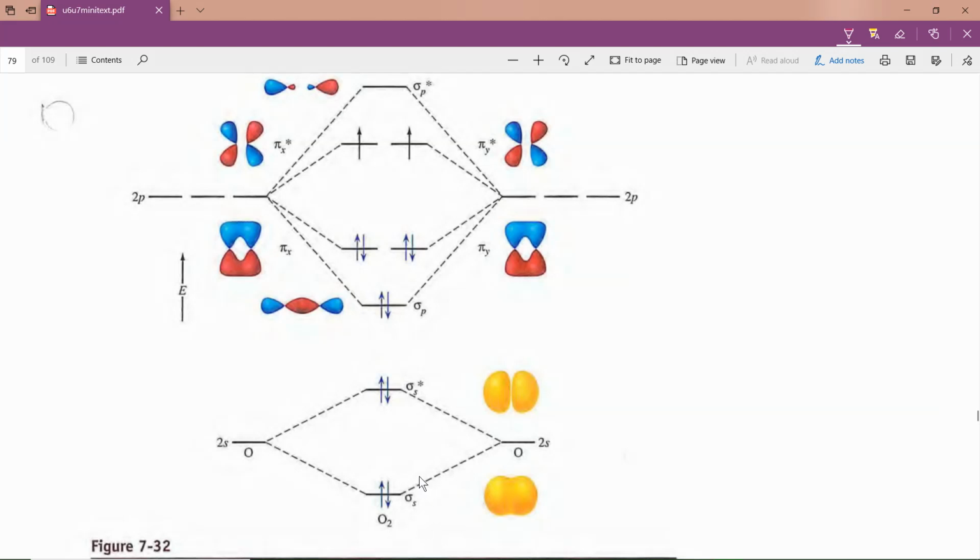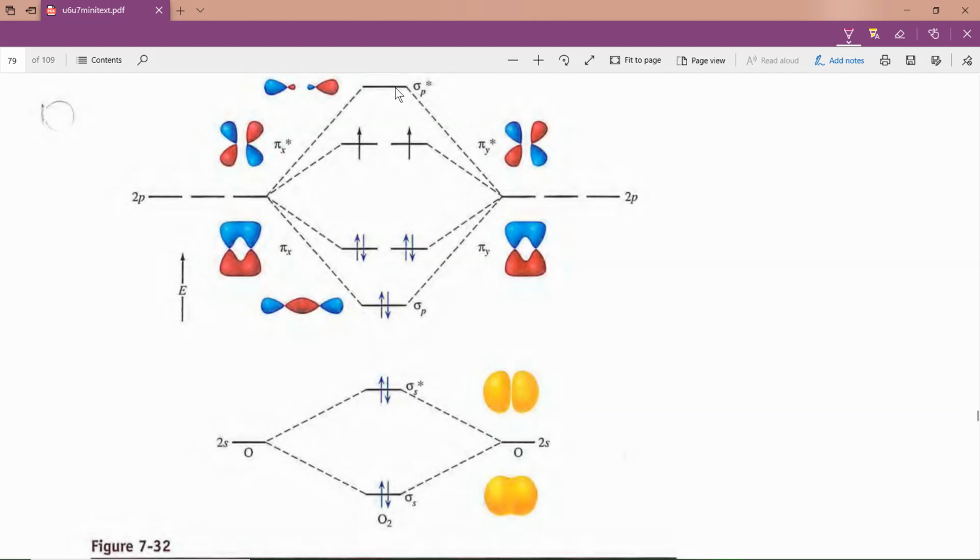So if I'm looking at oxygen, there are 12 valence electrons: 2, 4, 6, 8, 10, 12. So what you do is you fill up the sigma s with 2, the sigma s star with 2, so that's 4, the sigma p with 2, so that's 6, and then you fill up the pi x and the pi y, so that's 8, 10, and you've got 2 left, and you use Hund's rule, and you put 1 in the pi x star and 1 in the pi y star.